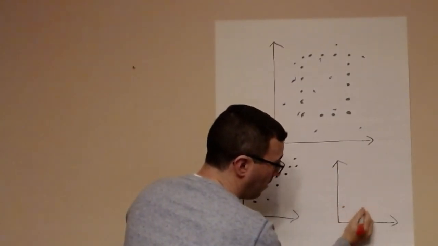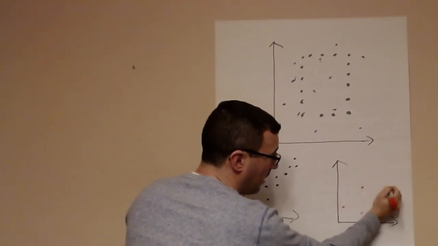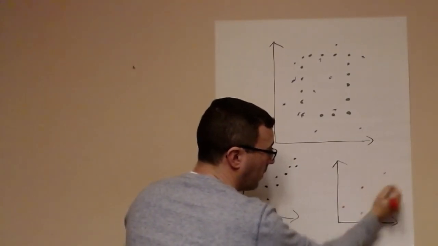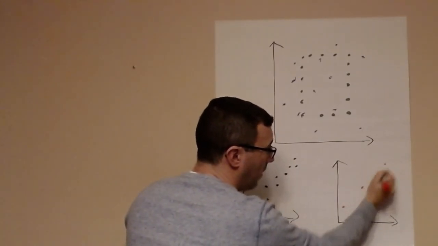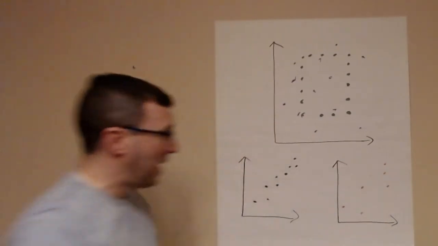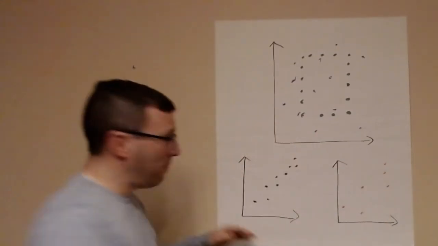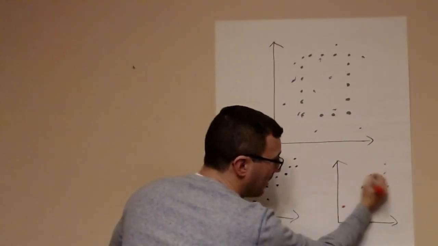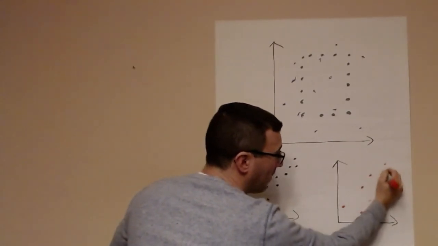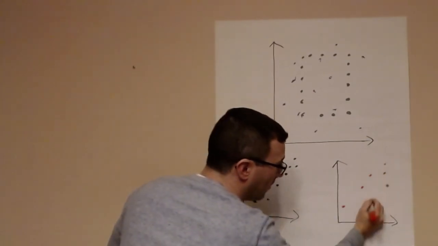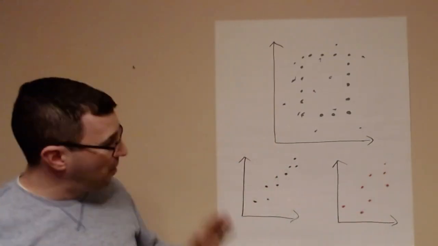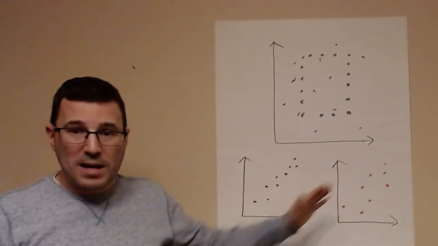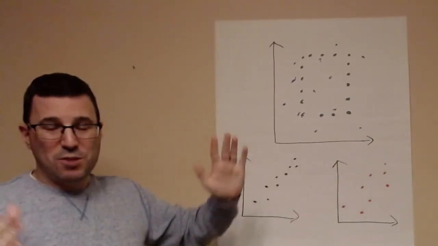So I can still kind of tell that they're going up. And again, I want to make this a little darker. I can still tell that the data is increasing as I go from left to right, but it's getting more spread out.